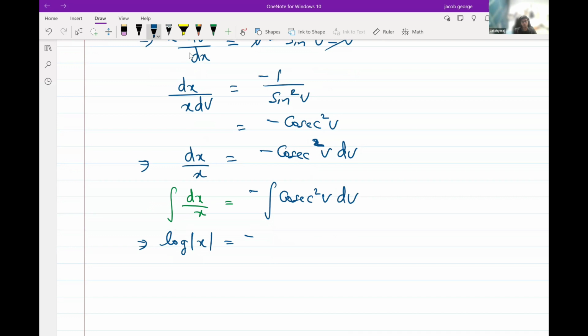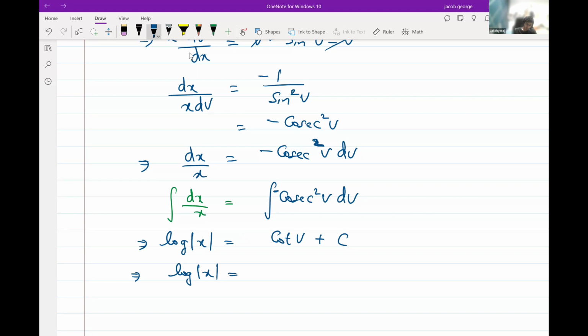Because derivative of cot x is minus cosec square x. Integral of minus cosec square v is cot v. Then plus c.